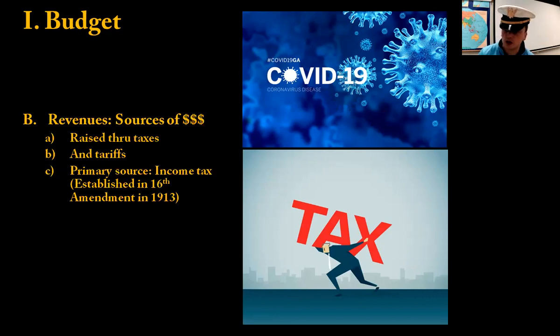But this change was made, and ever since then, that's where the government gets its money. The other source prior to this is going to be excise taxes, like the whiskey tax. Those don't exist anymore.